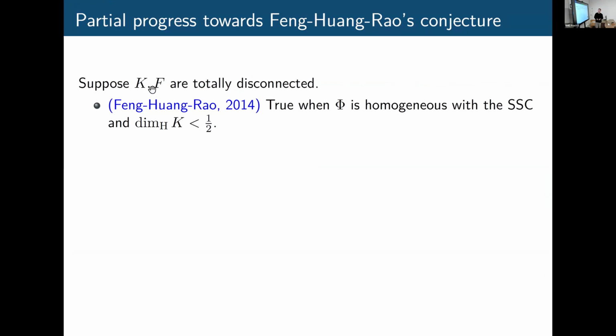So we always assume that they are totally disconnected. In their original paper in 2014, they proved this conjecture when the first system is homogeneous with the strong separation condition, and the Hausdorff dimension of the self-similar set is strictly less than 1/2. In this case, the conjecture is true.